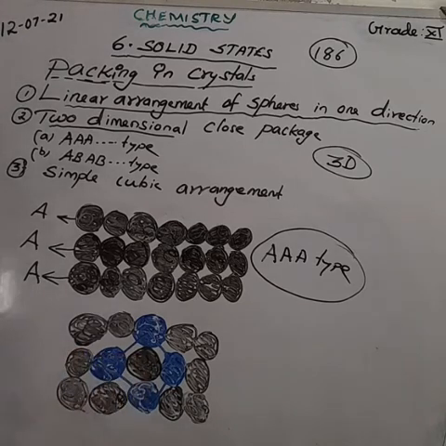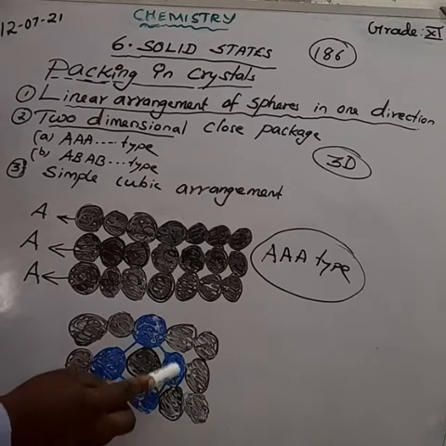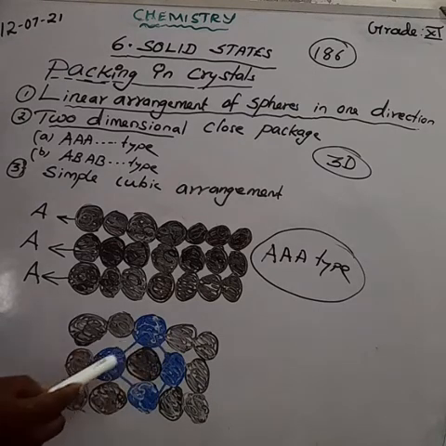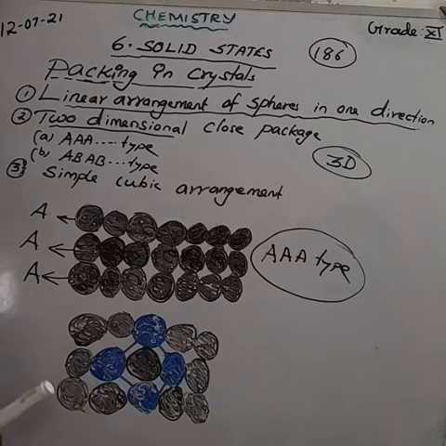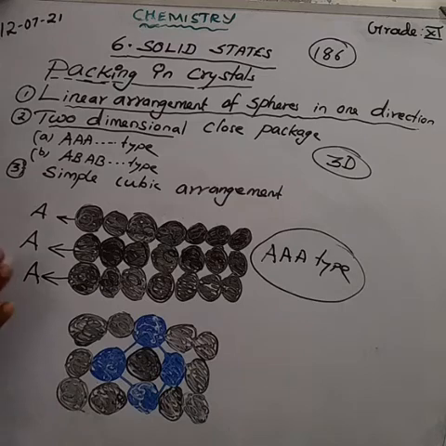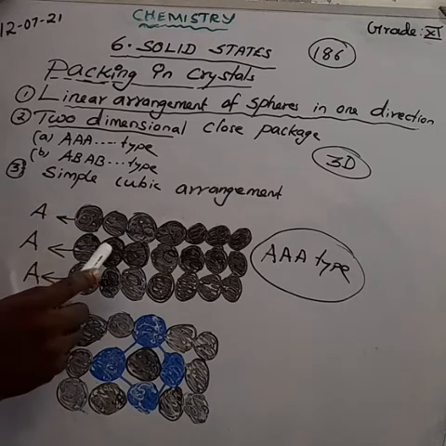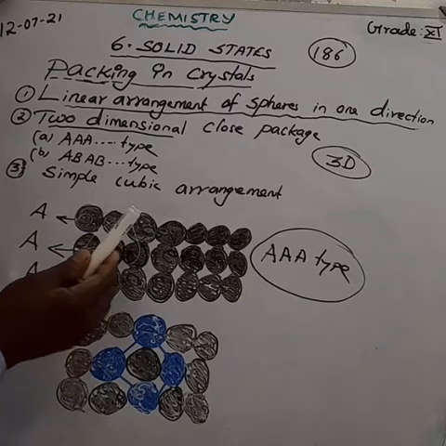Otherwise, you can say the third one is similar to the first row, and the second one is similar to the fourth row. First and third are similar, and the second and fourth are similar. Like that, we have to repeat fifth and sixth also.